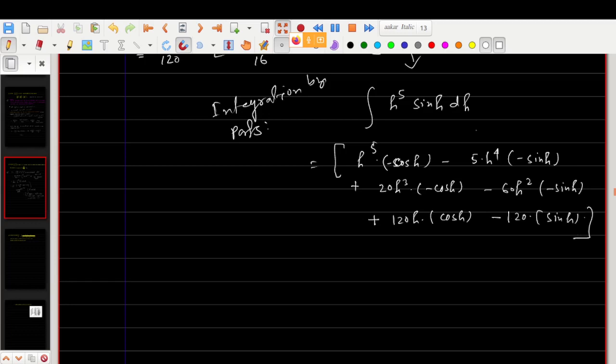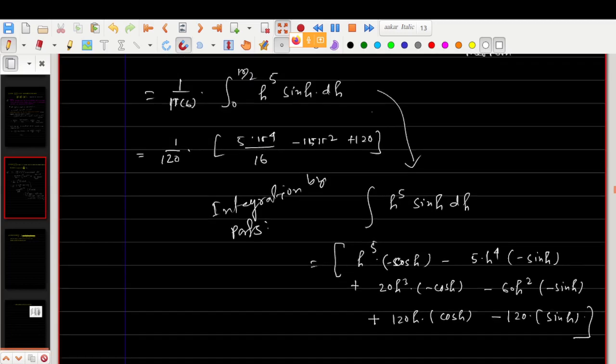Now you put the values 0 and pi by 2, you will get this. So 0 and pi by 2.